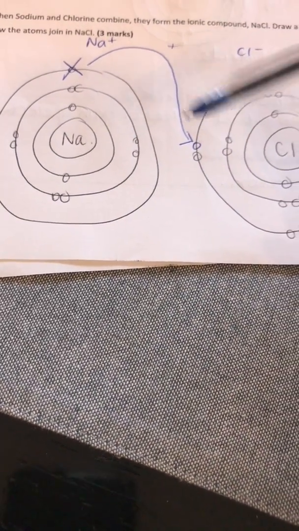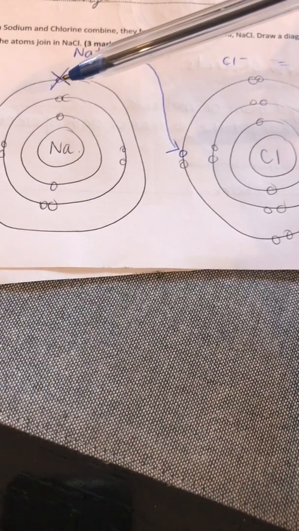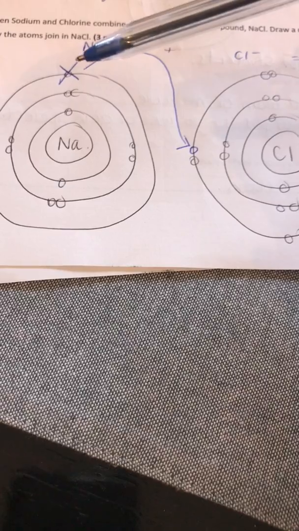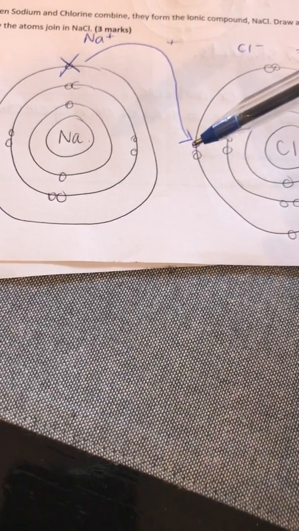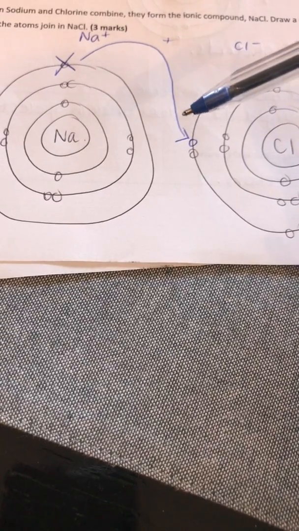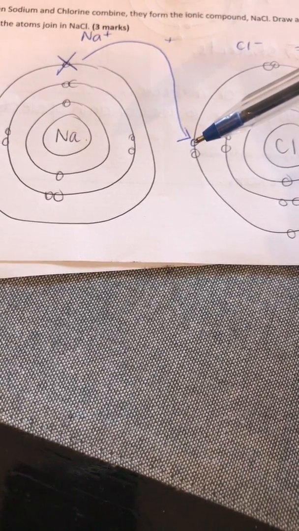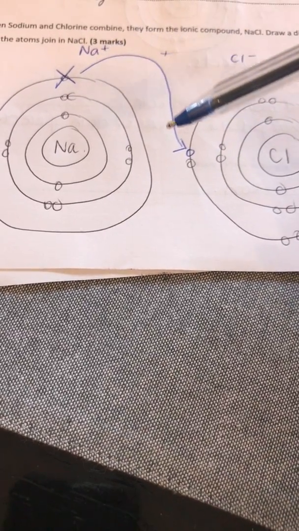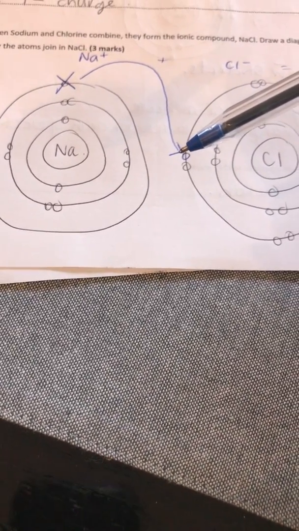It was important that you didn't have that electron still there and put another one here. So you had to show that some way by crossing out 1 and adding 1, or just leaving that one there and putting an arrow to say that it would go there without actually drawing it in. So don't have extra electrons in your drawing. And you needed to show the direction of the movement.